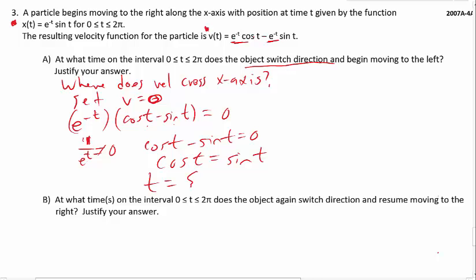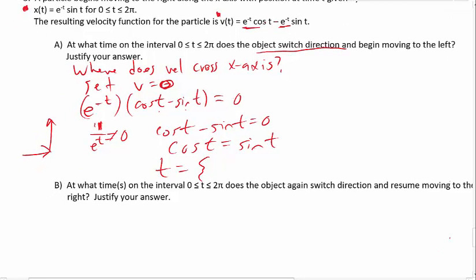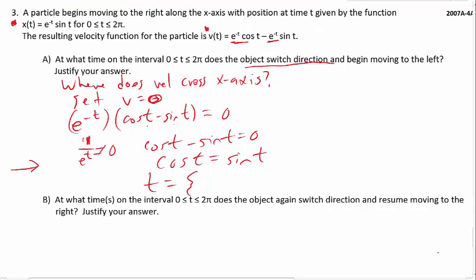If you think about a unit circle and look for where cosine and sine have the same values, it occurs in the first quadrant, because in the first quadrant you're moving right and up, which are both positive directions. Halfway through the first quadrant at pi over 4, cosine and sine have the same value.